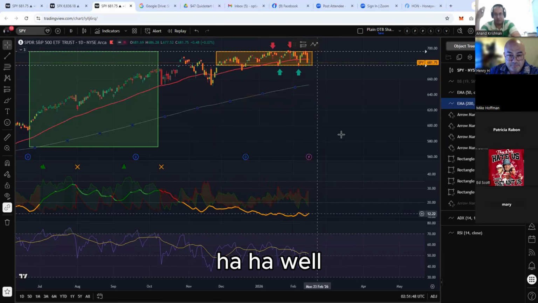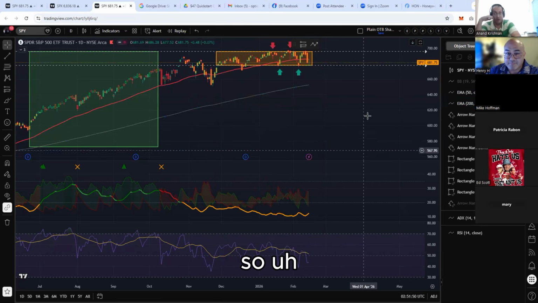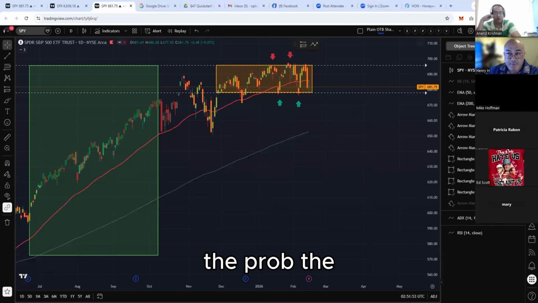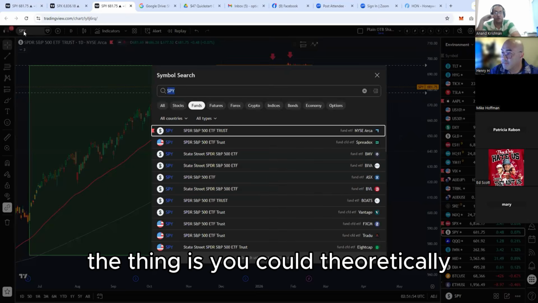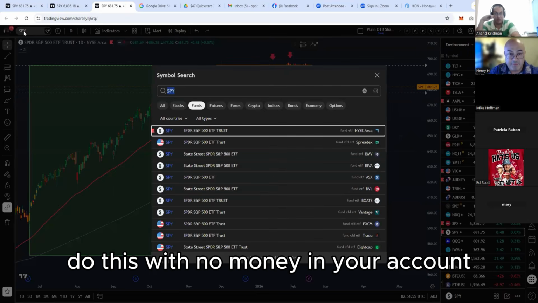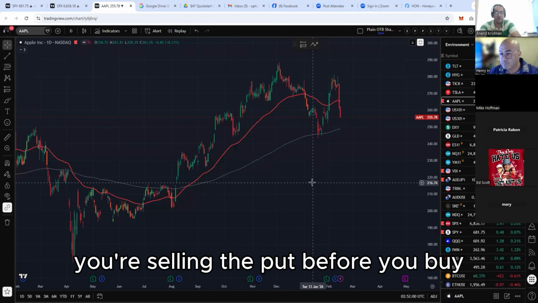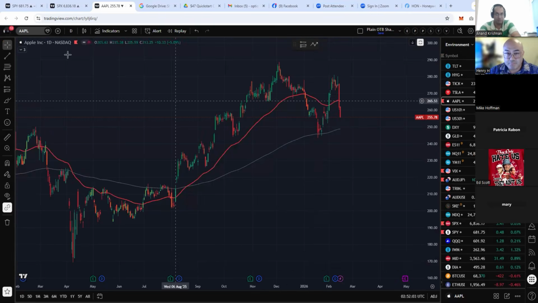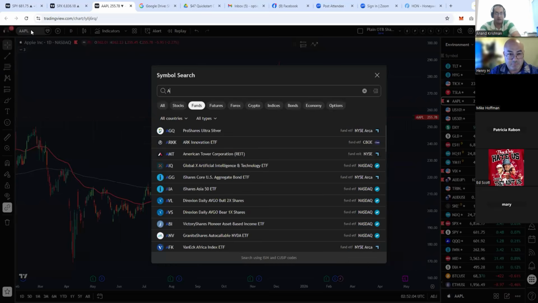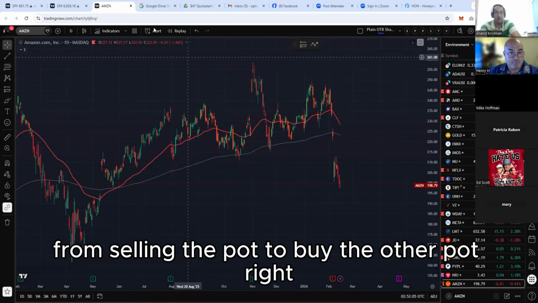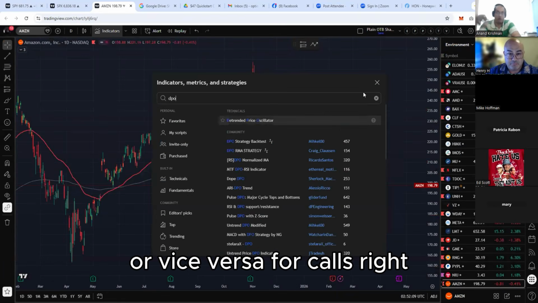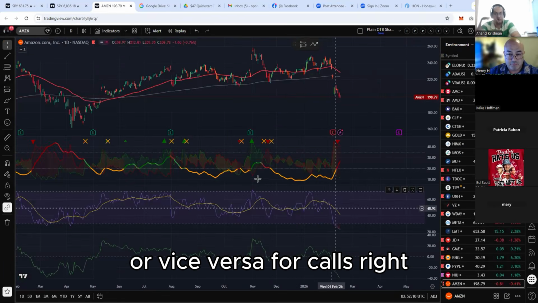Theoretically you could do this with no money in your account, because you're actually doing a credit spread. You're selling the put before you buy, and then using that credit from selling the put to buy the other put, or vice versa for calls.